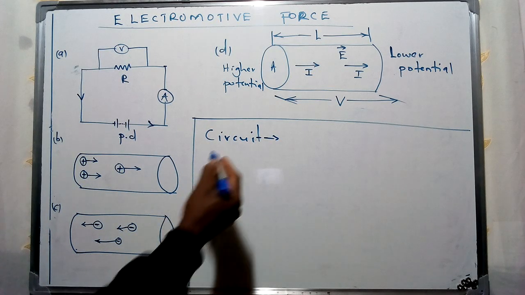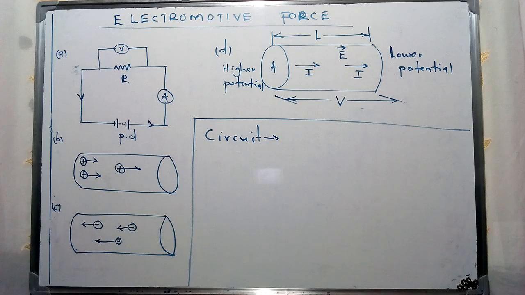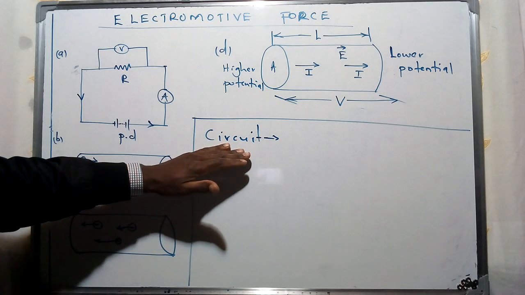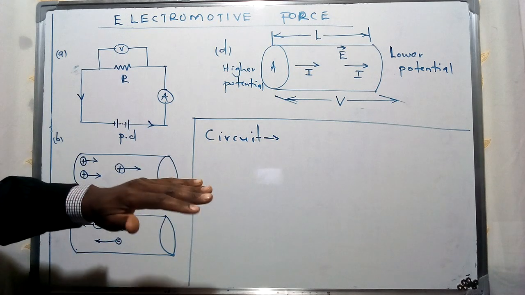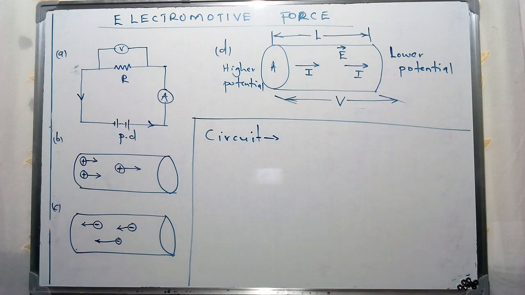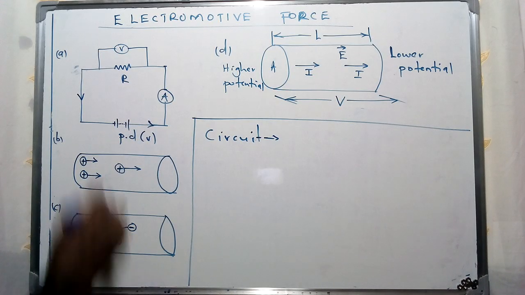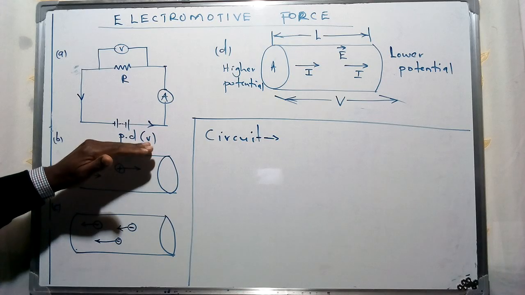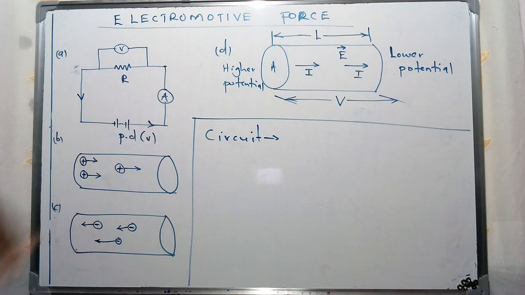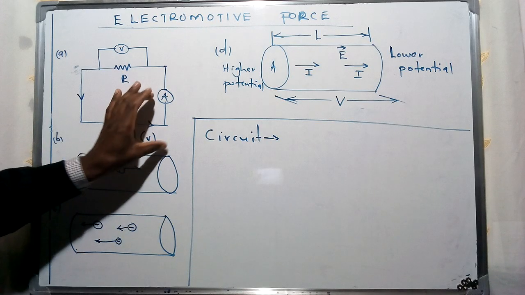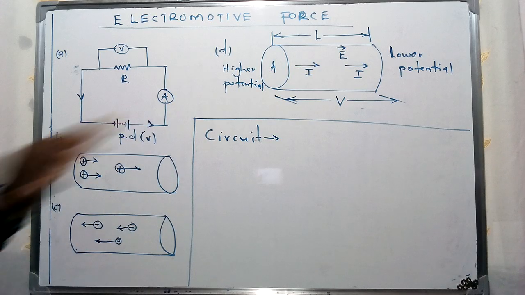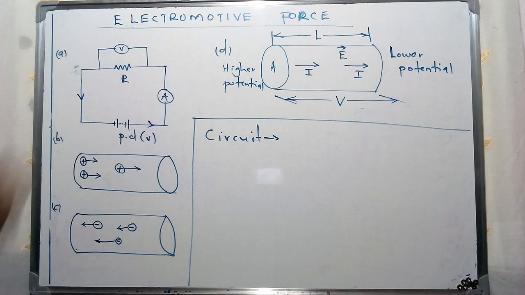Now, in this specific aspect, we're going to see that a circuit which consists of components which have got a source of electromotive force, or the source which is going to be a potential difference as I've indicated, is going to be allowing the flow of current so long as this specific circuit is complete.